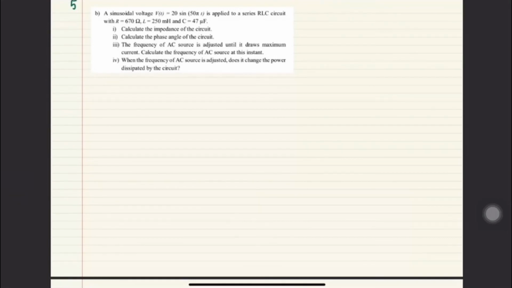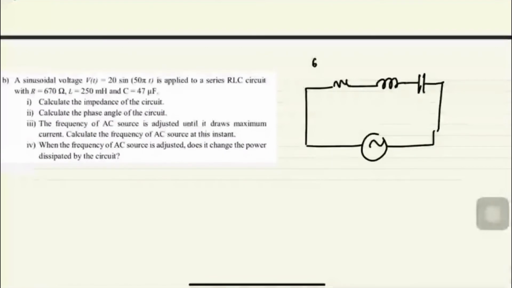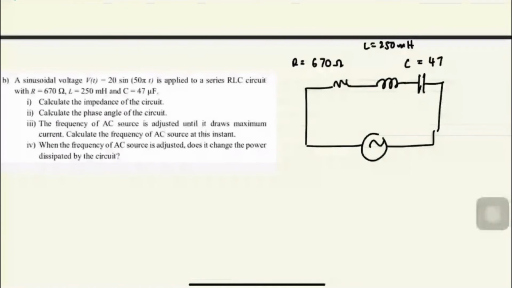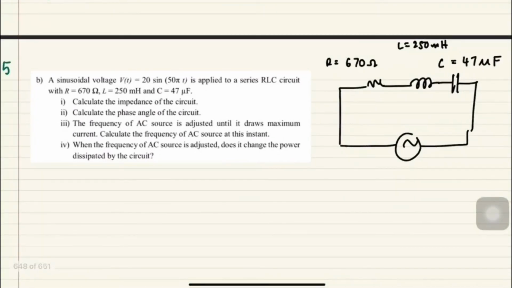Kita lukis dulu dia punya circuit R, L, C. So R here would be 670 ohm. L is 250 millihenry. And C is equals to 47 microfarad. Okay, V dikasih dengan equation ini lah.